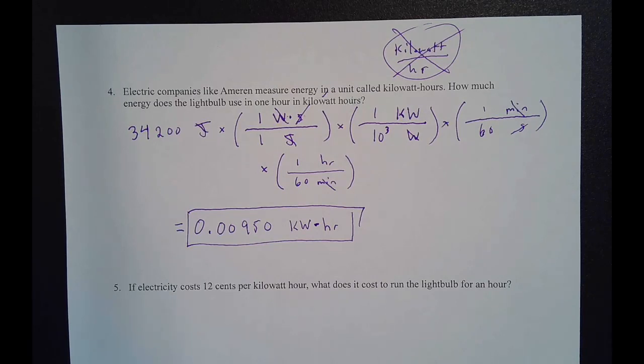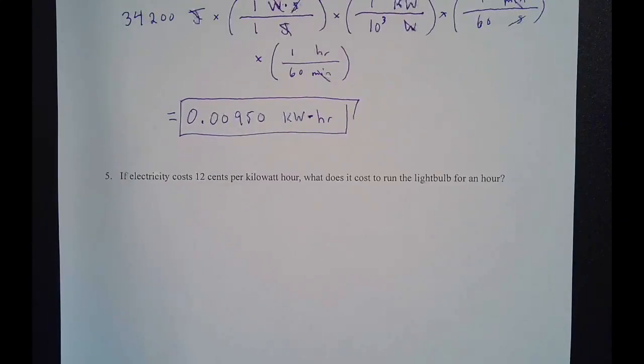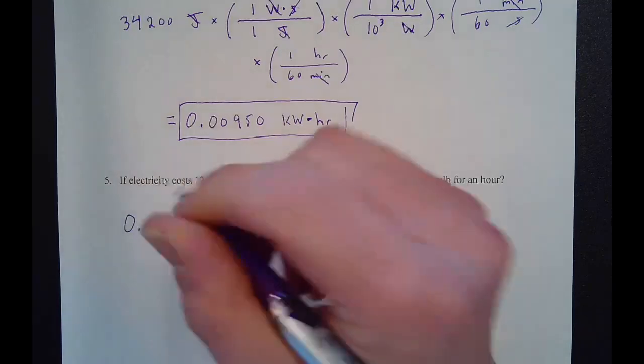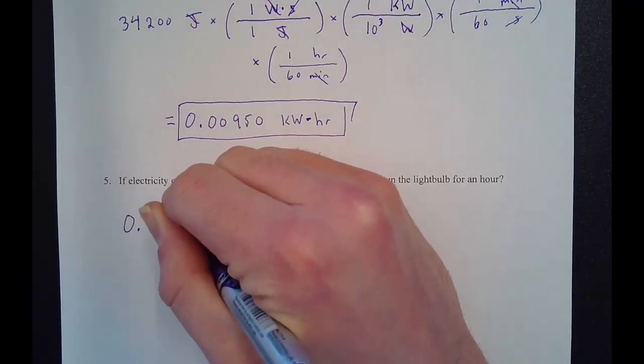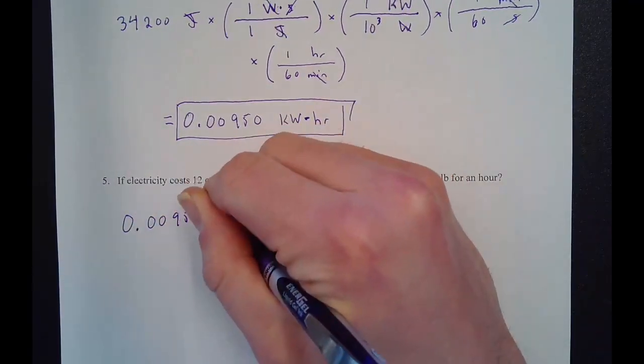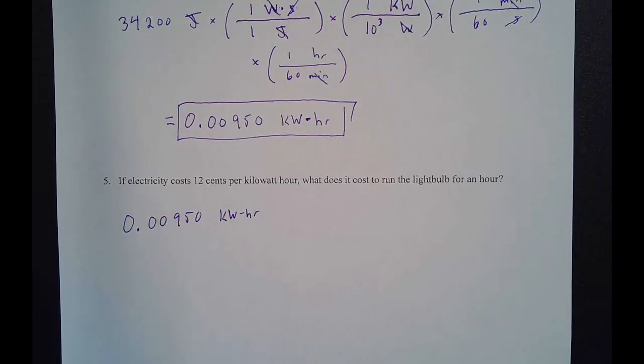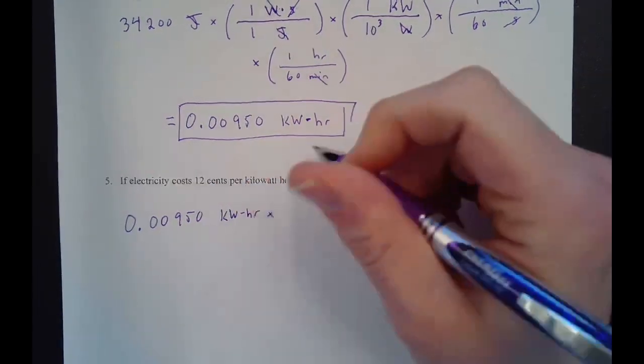Okay. Last but not least, electricity costs 12 cents per kilowatt hour. What does it cost to run the light bulb during that hour? So this is the energy it uses in an hour: 0.00950 kilowatt hours. And I now know that it's 12 cents per kilowatt hour.